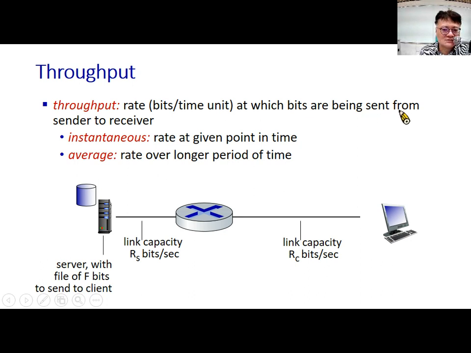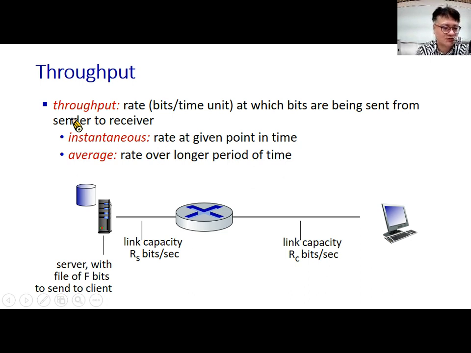So we can talk about the throughput, which means from the sender to the receiver. And the throughput has the same definition, it is a rate.